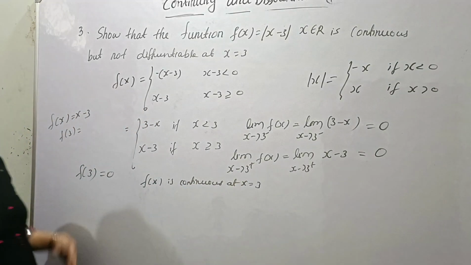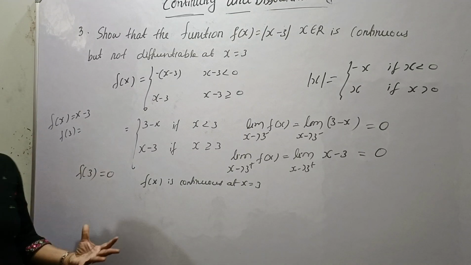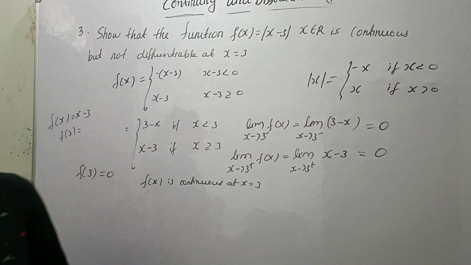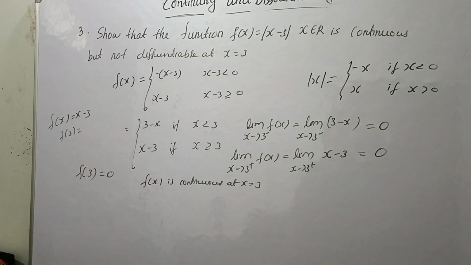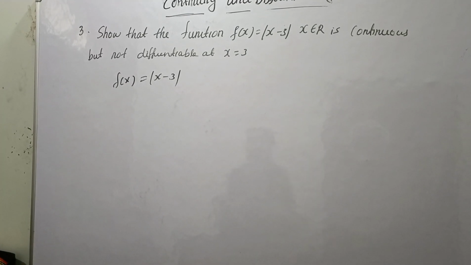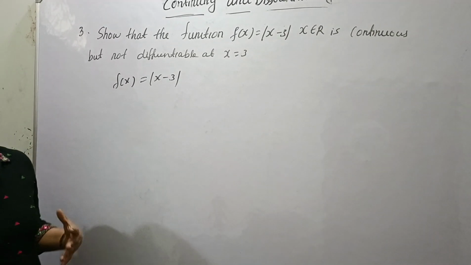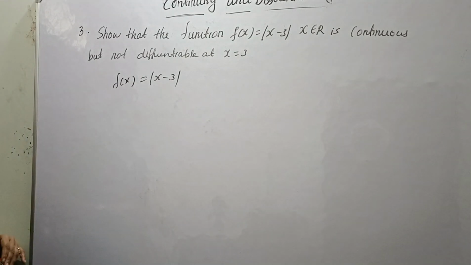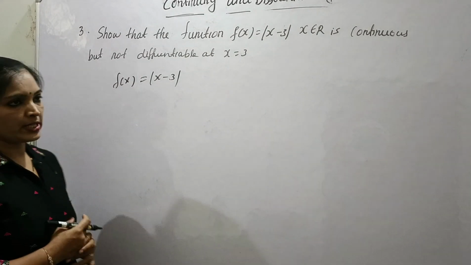Okay. Now next we have to prove it is not differentiable at x is equal to 3. Given function is f of x is equal to modulus of x minus 3.